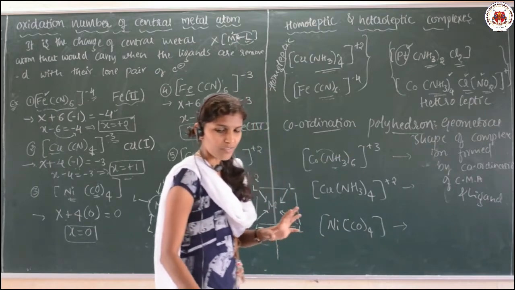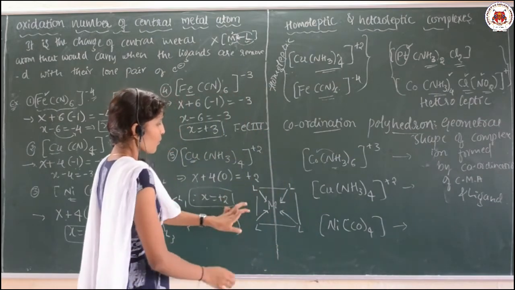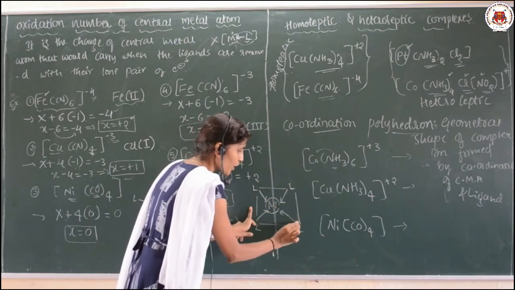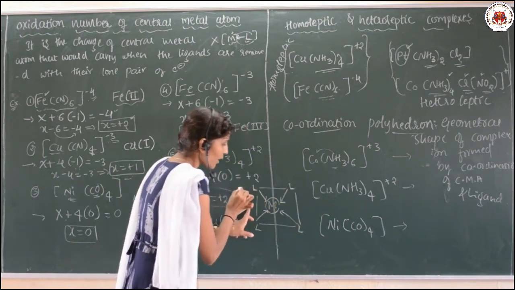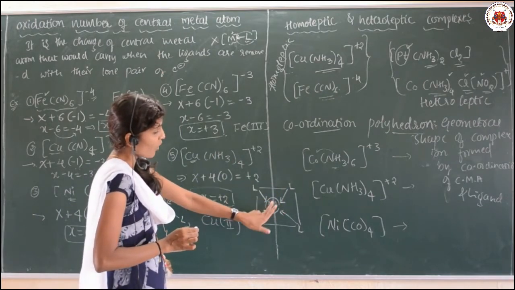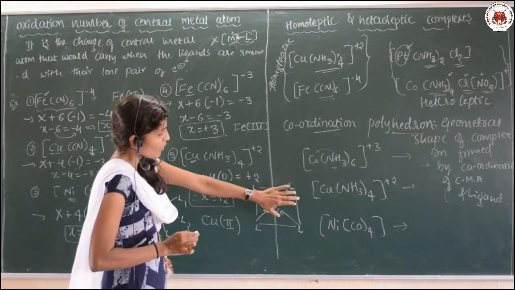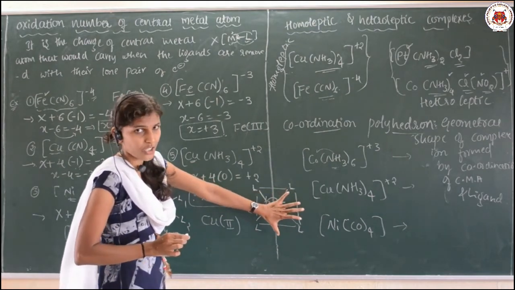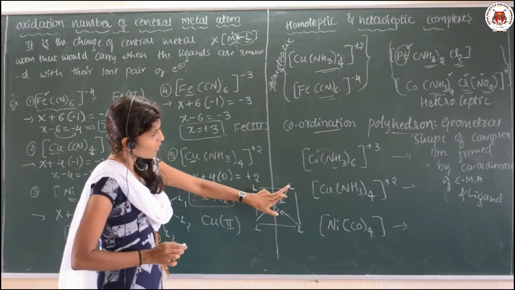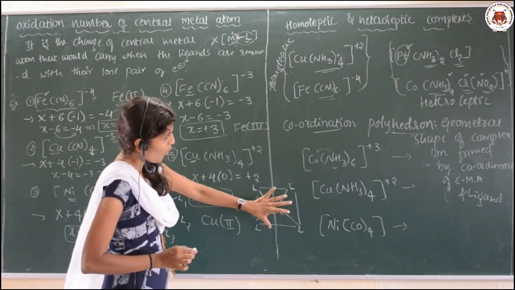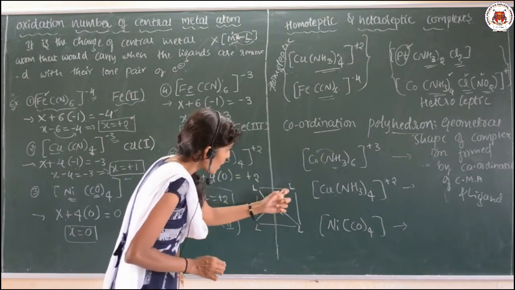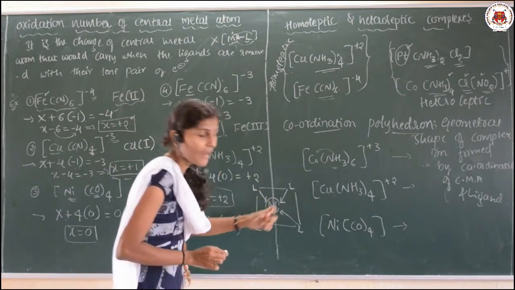See here, it is simple. Suppose this is the central metal atom and the ligands are surrounding it. Depending upon in which way the ligands are surrounding the central metal, it is going to give us a geometrical shape. That is nothing but coordination polyhedron, the geometrical shape of the complex ion. How is it formed? By the coordination of the central metal atom and the ligand.